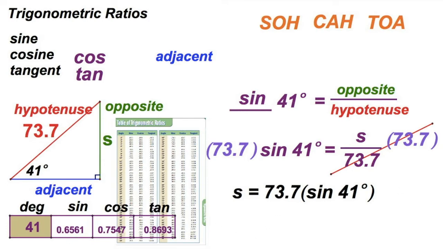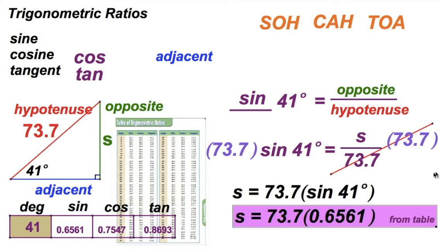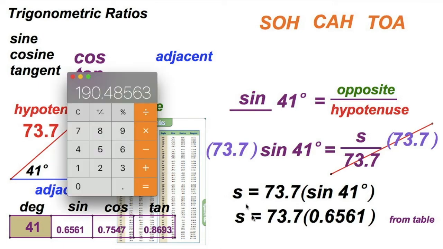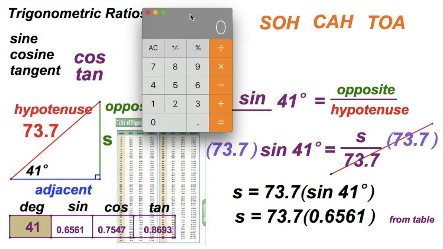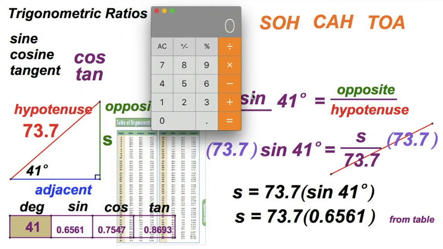0.6561. Let's just take it right from the table, and all you've got to do now is take out your calculator. We use this cheap little four-banger that you got for free. So we'll take 73.7, and we're going to multiply it times 0.6561, and there's our answer.